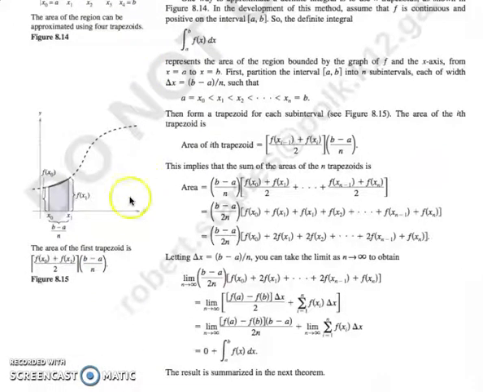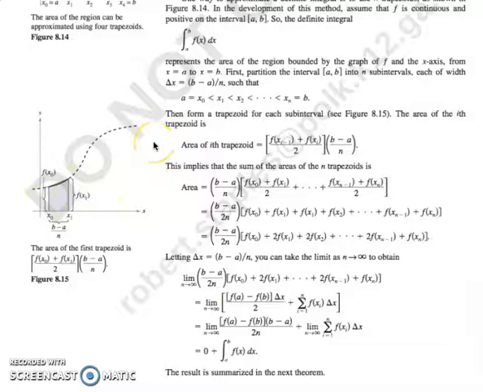So if I have the ith trapezoid, remember this distance is really the height. There's base 1, base 2. Here's the width, b minus a over n, and notice we have the height here and the height here, which really are the bases, right?